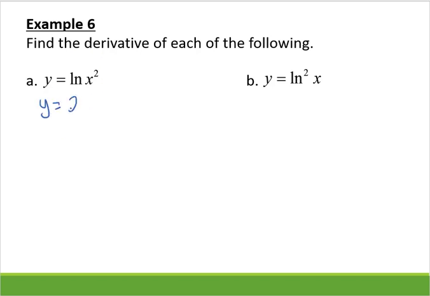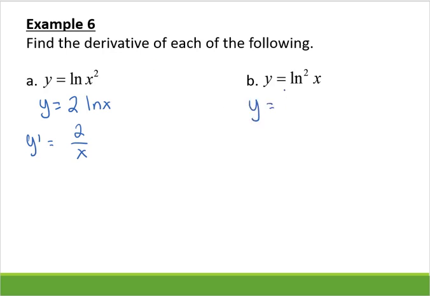Log rules: you can bring down the 2 in front, and then I can take the derivative and get that. Now B, I can't do that, and that's why I want you to also recognize the differences between these two.